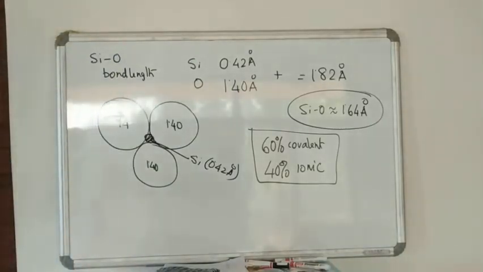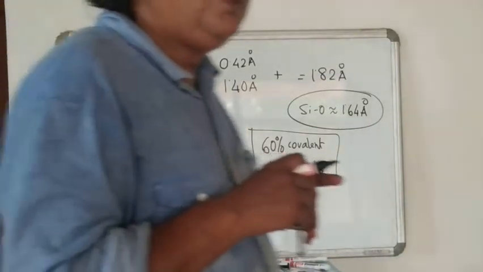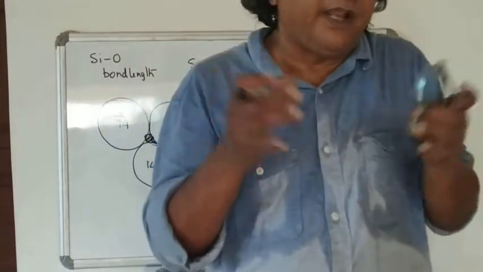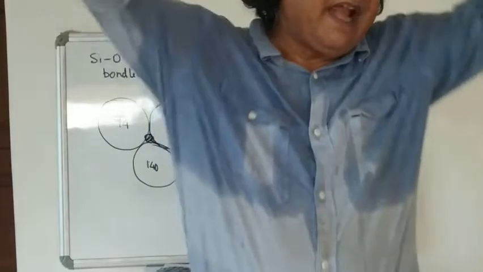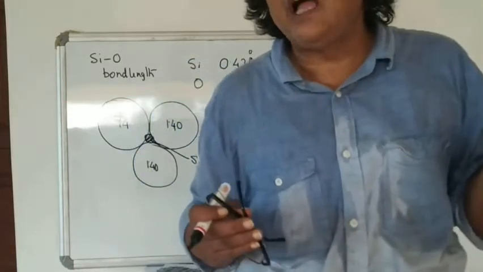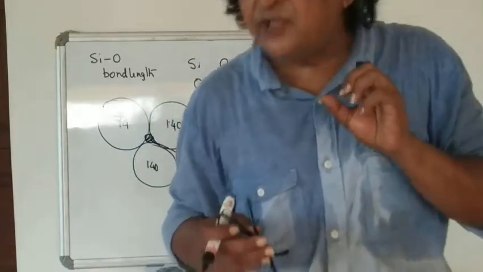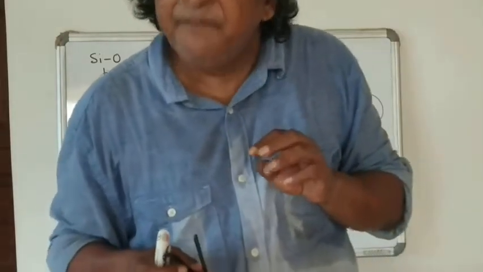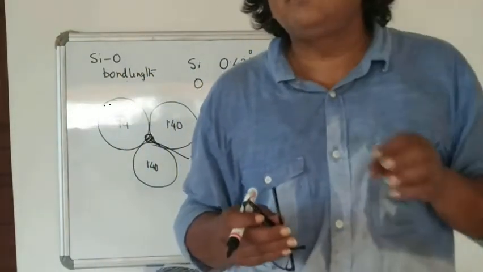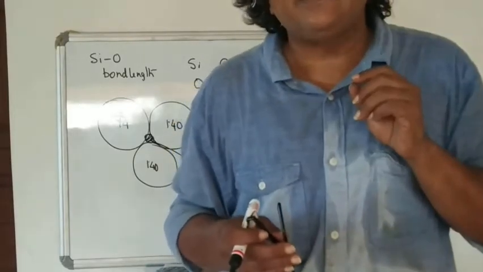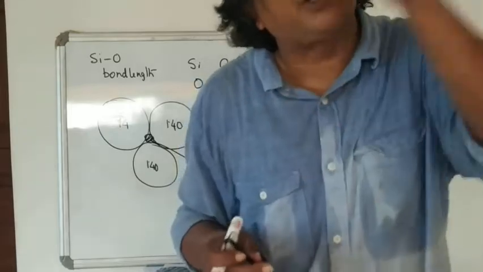So, if it is 60% covalent and 40% ionic, and the earth's mantle is composed largely of SiO4 tetrahedra minerals and magmas, then you must imagine certain things: that there will be poor electrical conductors, poor heat conductors, greatly insoluble in acids, with strong directional properties.